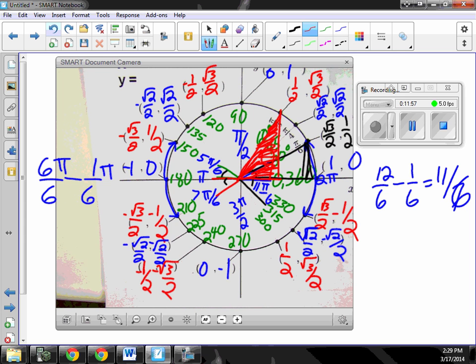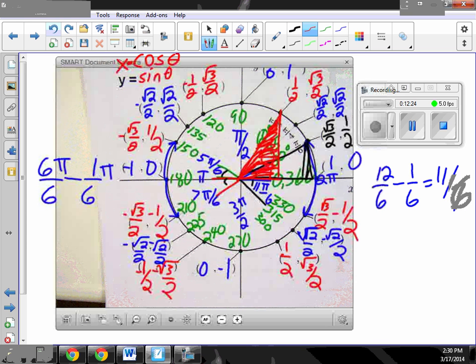Normally, it would be y value divided by hypotenuse. The hypotenuse is 1. Y is the sine of theta, and x is the cosine of theta. And all you have to do is read off the number and you know its value. Does that make sense?